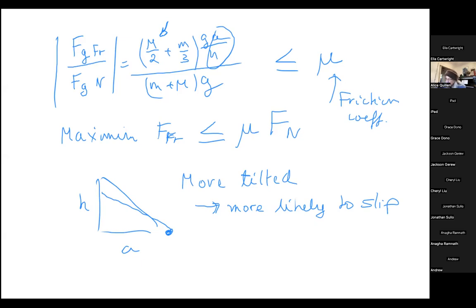And so you can replace that half with the fraction of the distance that the person walked up the ladder. So supposing I put alpha here, which is the fraction of the distance that the person walks up the ladder. Now again, you can see that this top part gets larger the further the person walks up the ladder.